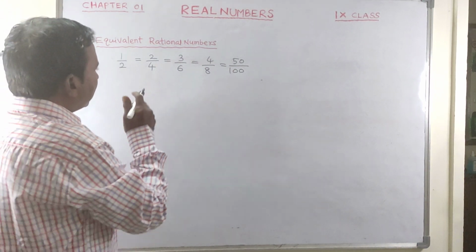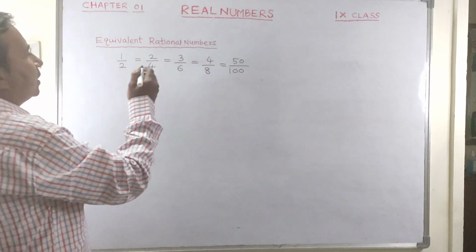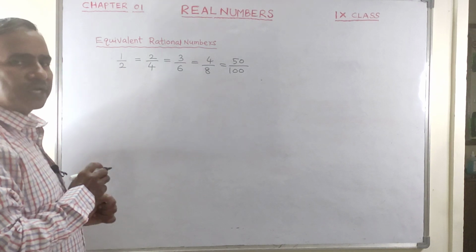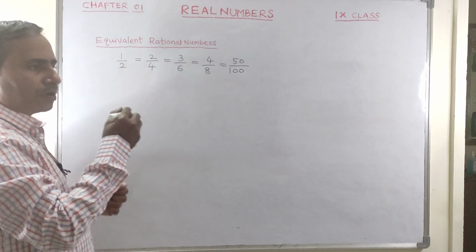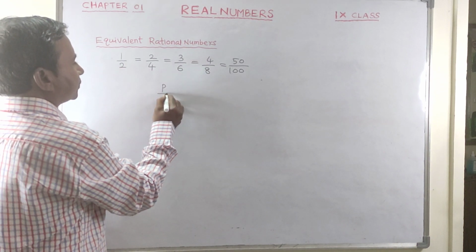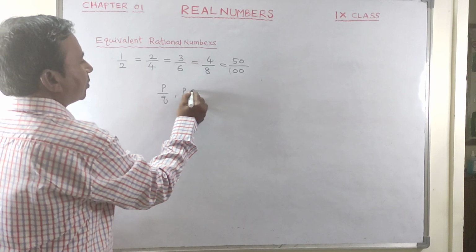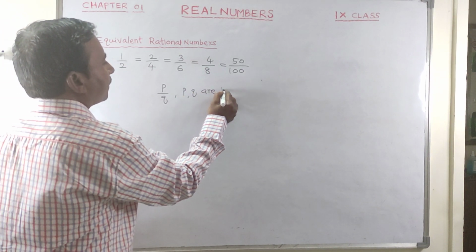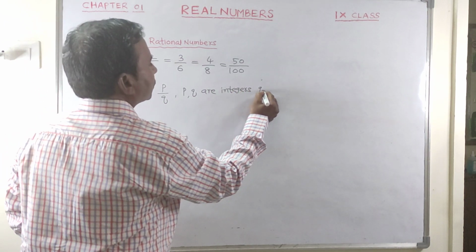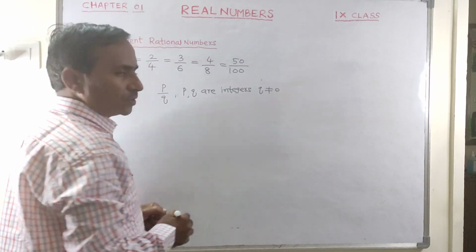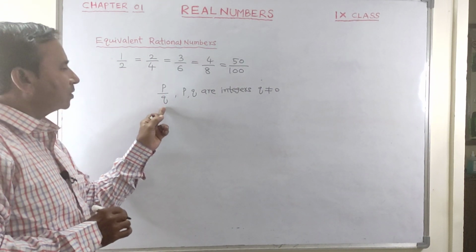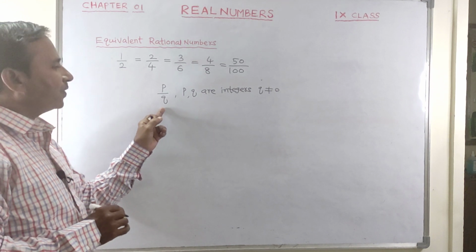By this we can conclude, any rational number does not have a unique representation. Means we cannot say this is the only representation of p by q, where p, q are integers and q is not equal to 0, unless p and q do not have common factors other than the universal factor 1.